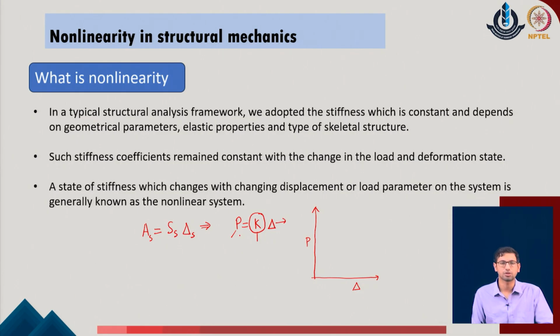But if I look at one compatible set of load and displacement correspondence, the relationship will come out with a constant slope, because the stiffness parameter K of the system is constant.